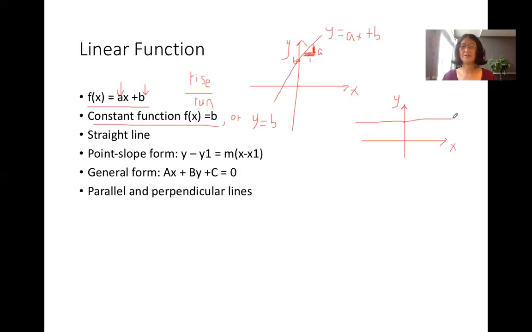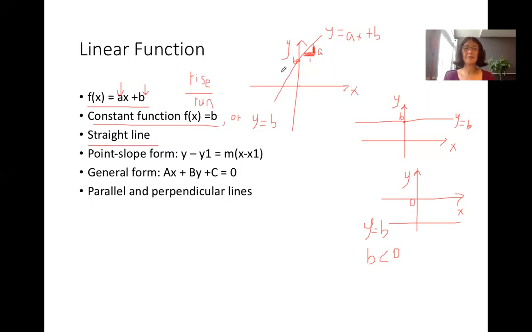So this graph represents y equals b. It is a horizontal line parallel to the x-axis. If b is positive, this is the picture. If b is negative, b smaller than 0, you get the line down here.